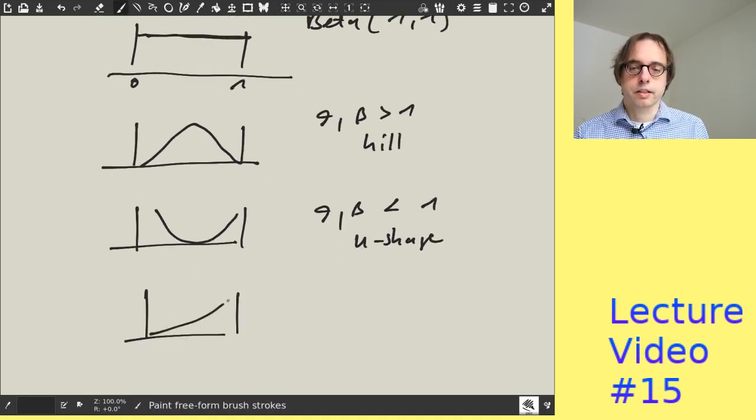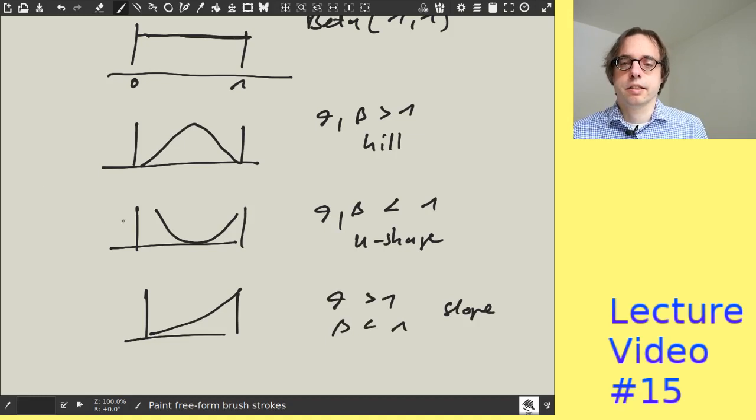It can be a slope shape when, let's say, alpha is larger than 1 and beta is smaller than 1. So you can see it takes all kinds of forms, and it's always between 0 and 1.